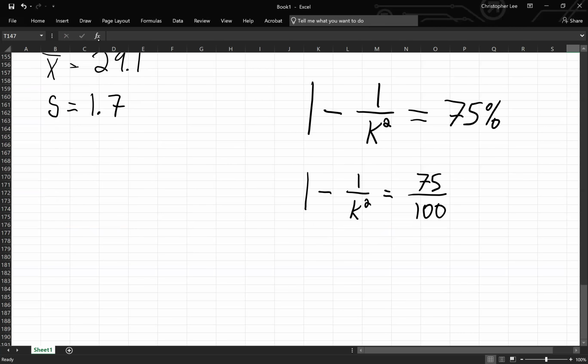You know that that 1 is going to become 1 over 1, minus 1 over k squared, which is equal to 75 over 100. And in order for me to subtract two fractions, I have to have the same denominator, right? So what would be the LCD here?